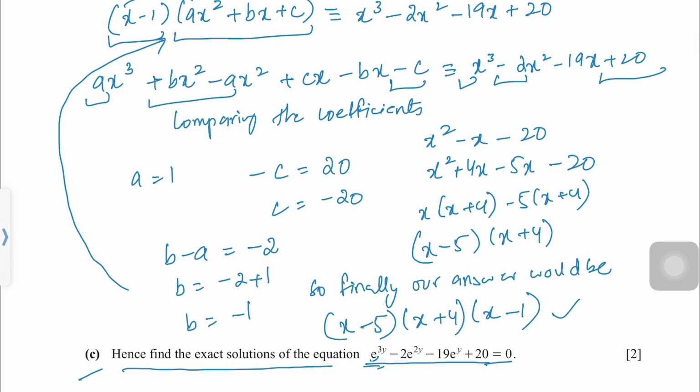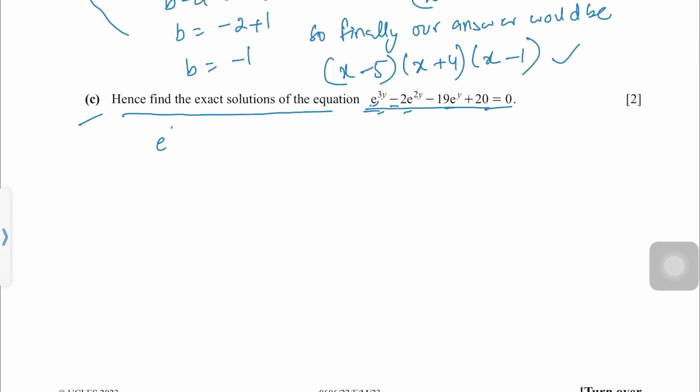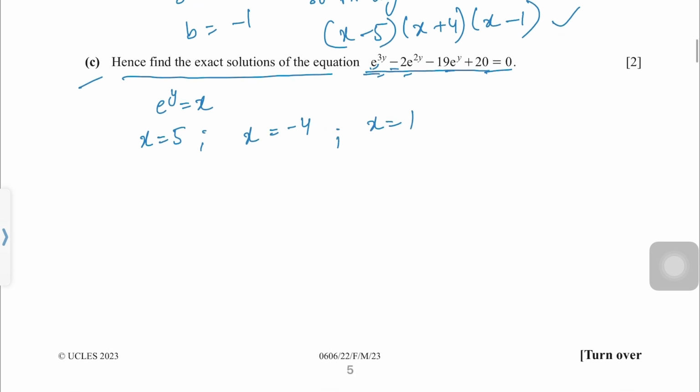This e power 3y is equal to x cube, then minus 2 is similar to this minus 2, then x squared is e power 2y, then e power y is equal to x. So we'll be substituting e power y as x, and we have our x roots as x equals 5, x equals -4, and x equals 1. So we'll be substituting these one by one.